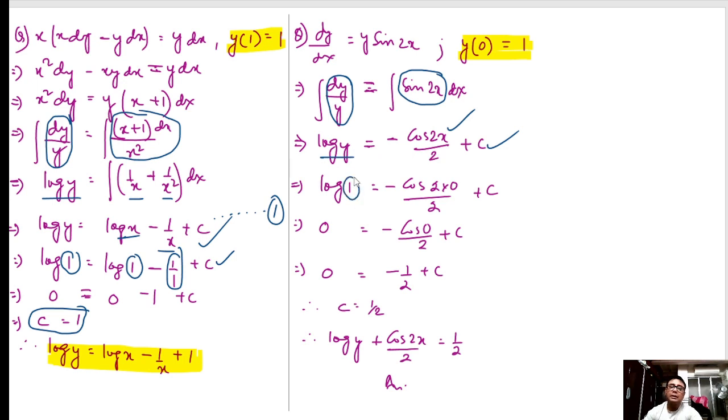Y is 1, x is 0, cos 0 is 1, so this comes out to be minus half, log 1 is 0, c comes out to be half. Replacing the value of c in equation 1, we get our solution. This is the solution.